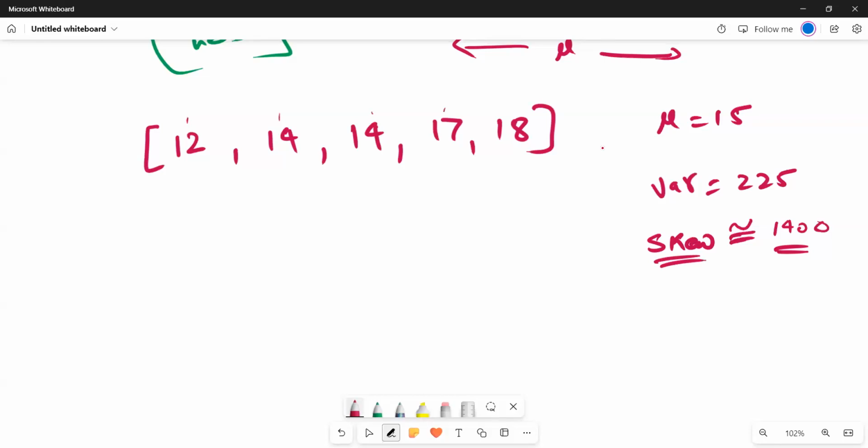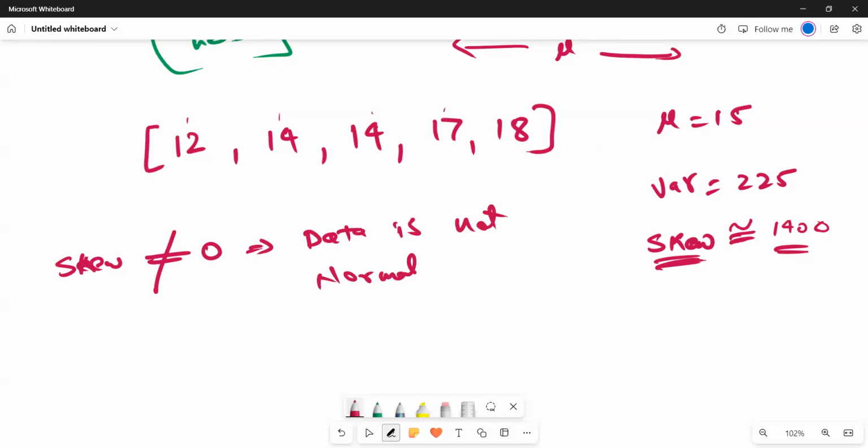So there are multiple ways to remove it, but what this skewness basically tells us is that the data is not normally distributed. If my skewness is not equal to 0, this clearly says that the data is not normally distributed.